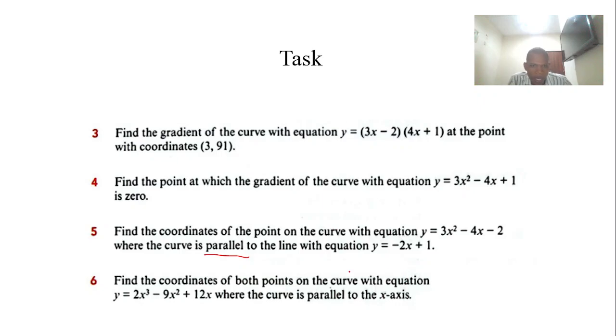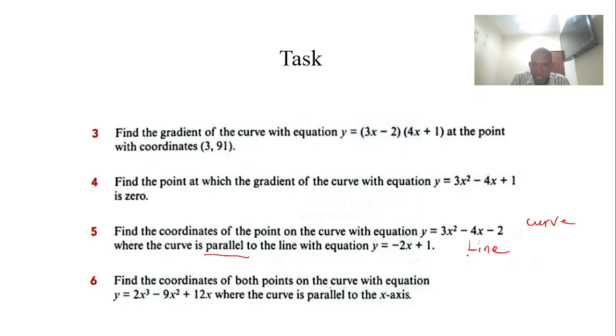Now don't forget, very important for parallel lines. When lines are parallel, that means they have the same gradient. So parallel lines must have the same gradient, okay? Now, this is a curve, mind you, it's not a line, and this is a straight line.